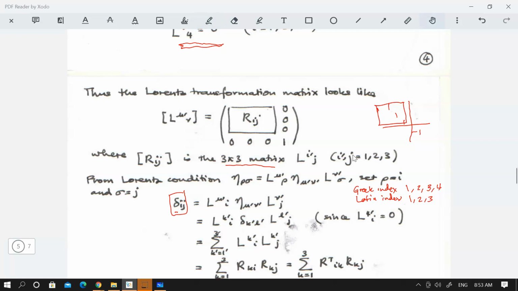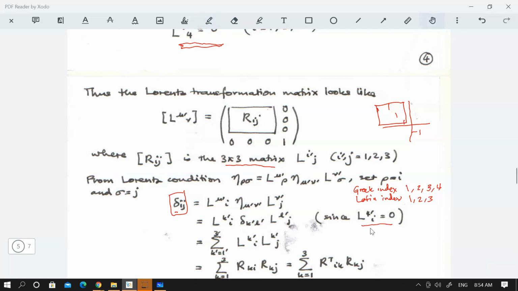So now I'm going to look at the right hand side. So I have L mu dash I, eta mu dash nu dash, L nu dash J. But now I can use another thing, since we already know that L4 dash I equals 0. In other words, your mu dash over here cannot be 4, because essentially it has to be equal to 0.